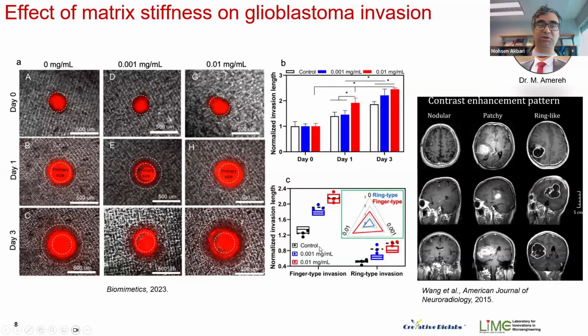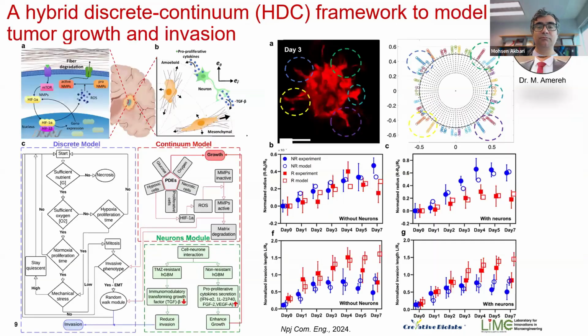This is potentially due to the presence of different cell types and different cell phenotypes within the tumoroid model that we've developed, similar to what has been observed in clinical images.